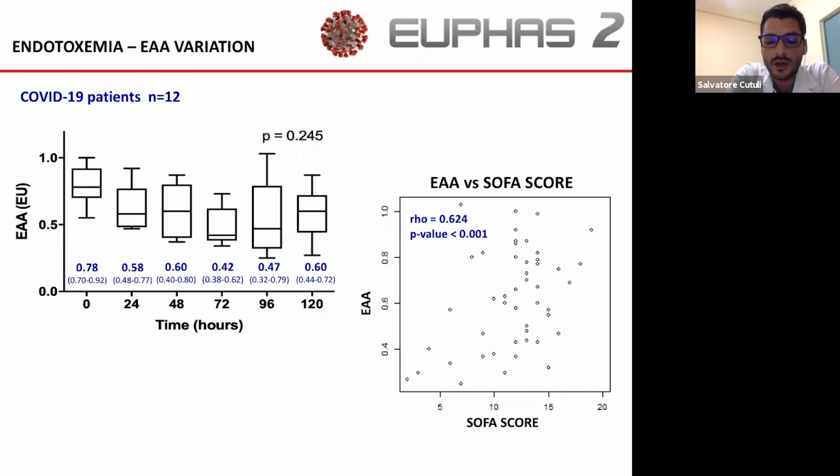There was a significant correlation, which helped us to understand a bit more the role of endotoxin in generating organ dysfunction. Of course, the trial did not help us to make inference about the cause of organ dysfunction, but we observed a relationship, which is something.